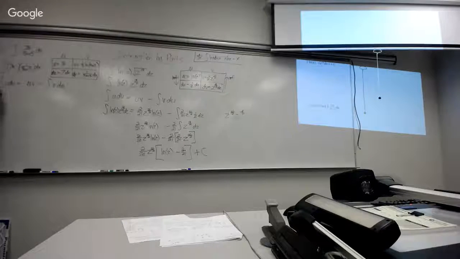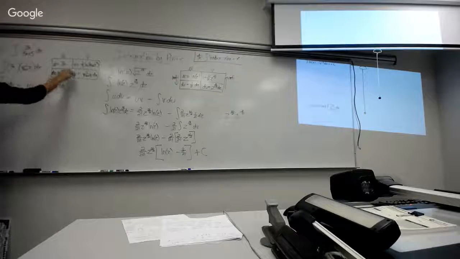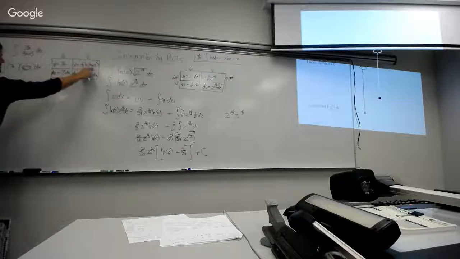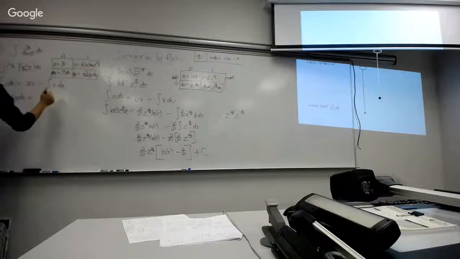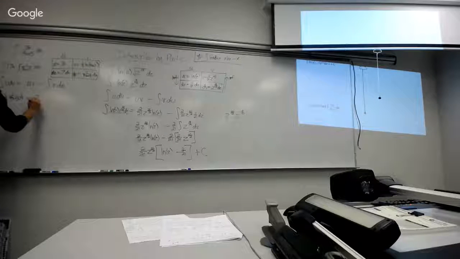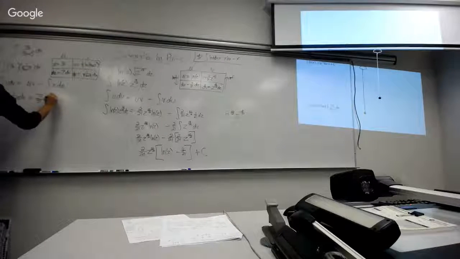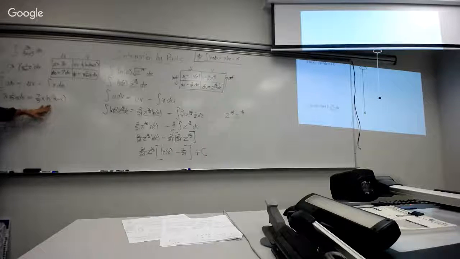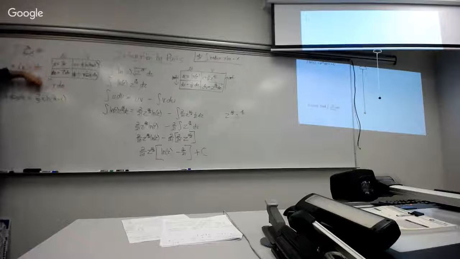Okay, so we plug everything in, folks. We've got u dv, that's 7x times 1 over 3x plus 5 dx. That is our original integral that we were trying to find. And now we'll do uv, which is 7x times 1/3 natural log of 3x plus 5. So I'm going to do 7/3 x natural log of 3x plus 5. Is that fair how I did that? I did the 1/3 times the 7 to get 7/3.